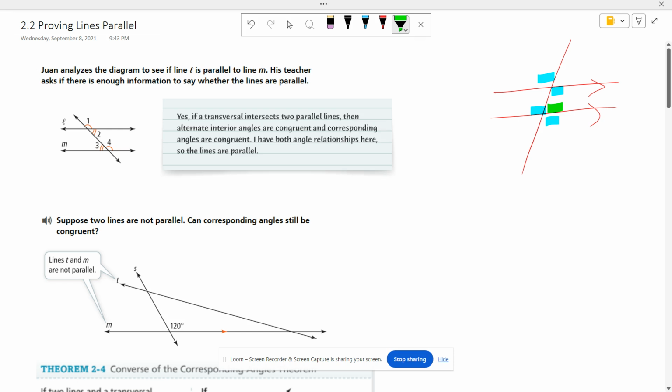So supplementary, congruent, congruent, congruent, congruent. Okay? All right?